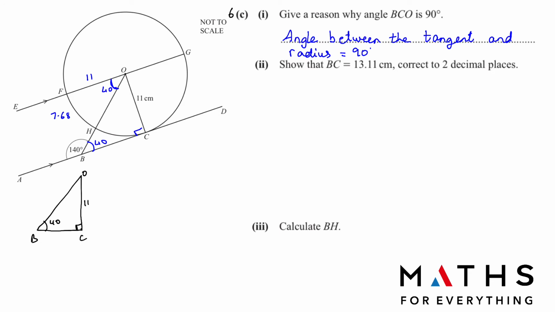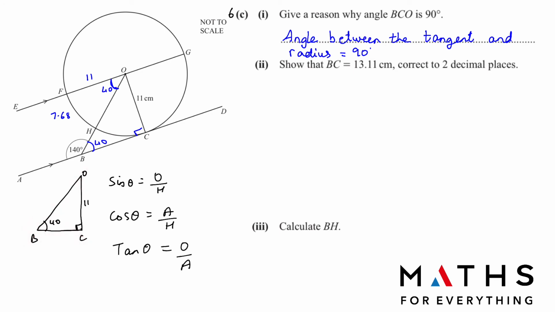Trigonometry, the three identities that we use are sine theta is equal to opposite over hypotenuse, cos theta is equal to adjacent over hypotenuse, and tan theta is equal to opposite over adjacent. Opposite means the side is opposite the angle we are finding, and hypotenuse is the side opposite the right angle.